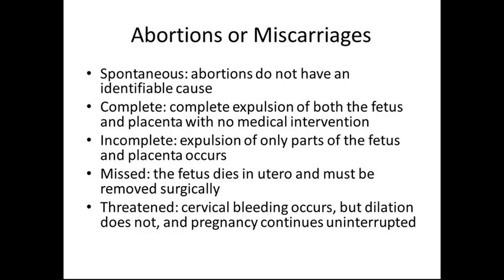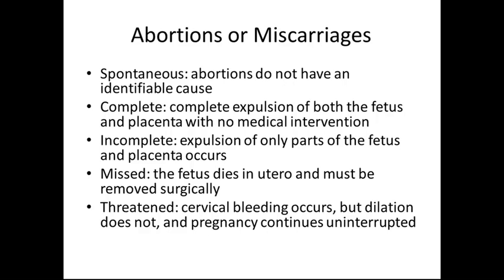Abortions and miscarriages. You will want to know the difference between the abortions and miscarriages. Spontaneous is an abortion that does not have an identifiable cause and typically happens before the 20th week. Complete abortion is the complete expulsion of both the fetus and the placenta with no medical intervention.